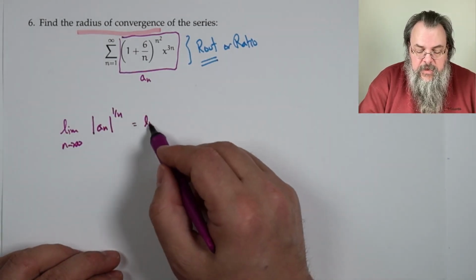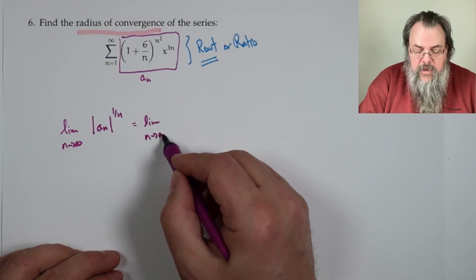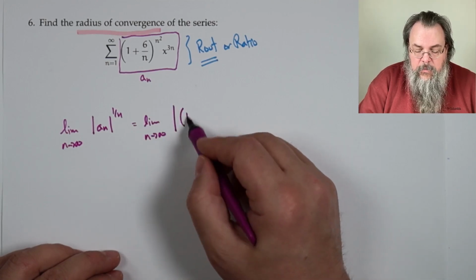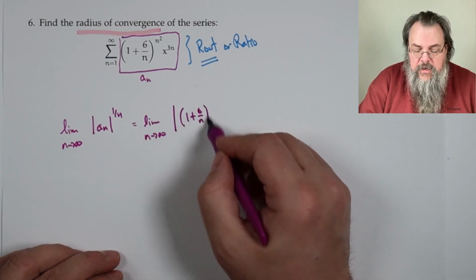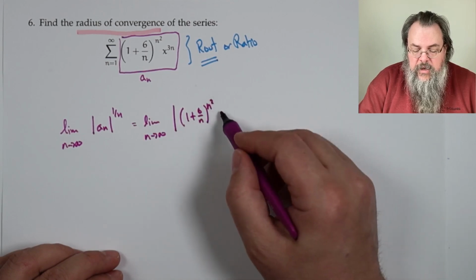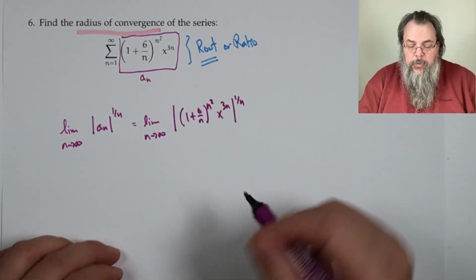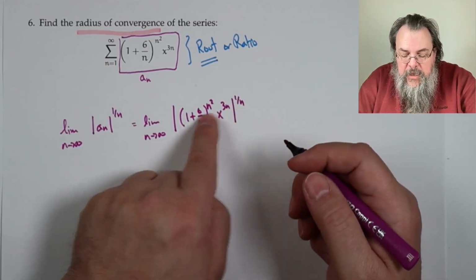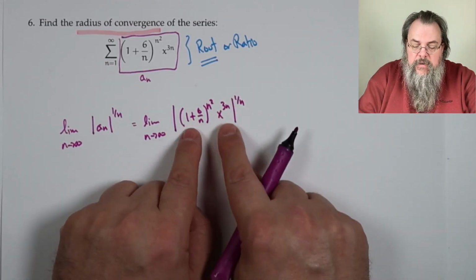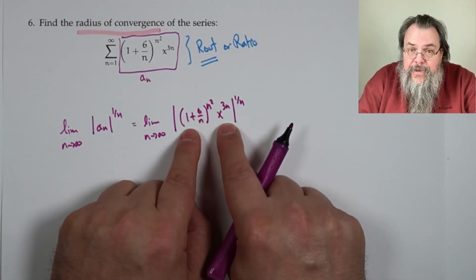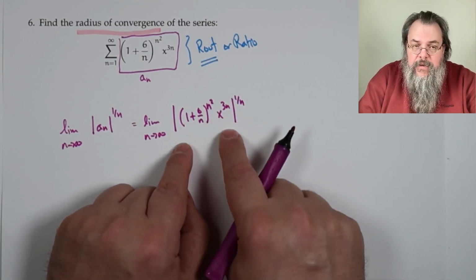So this is our limit: n goes to infinity, absolute value of (1 plus 6 over n) to the n squared, x to the 3n, all to the 1 over n. Now, we can use properties of powers. If I'm taking the nth root of a product of two things, I can take them separately.